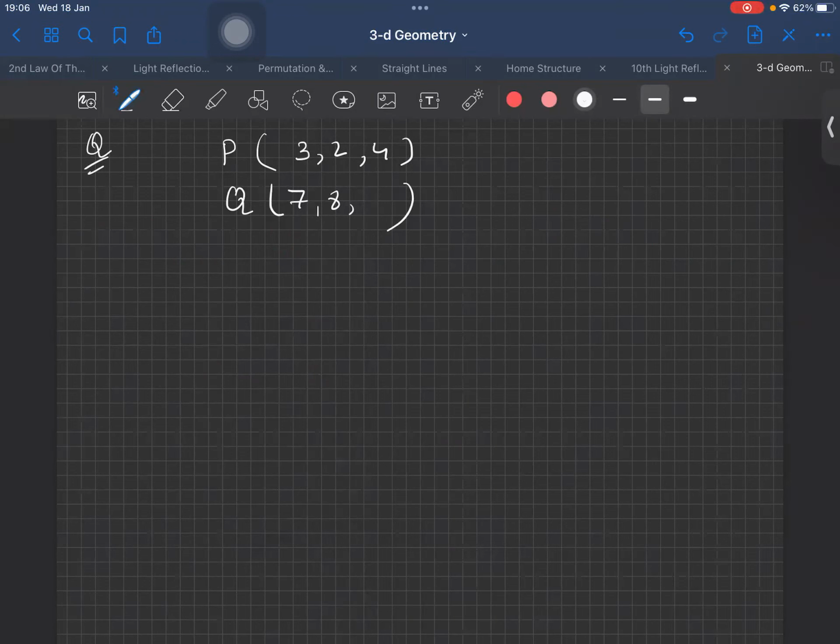All right, let's solve a problem. If point P is (3, 2, 4) and point Q is (7, 8, -9), what is the distance between these 2 points? Calculate it.